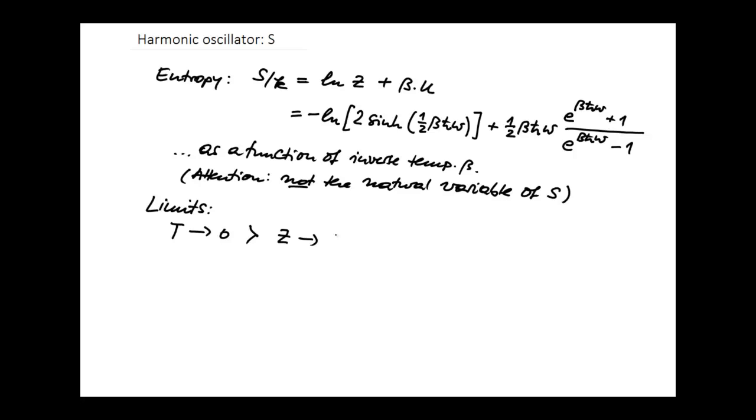So e to the minus beta h bar omega, that's the expression that occurs in the geometric series, becomes very small. So only the first term in the geometric series contributes, where you take the 0th power of that, because this gives 1. And all the higher terms become very small. So you can stick with the first term, which is e to the minus beta h bar omega to the power 0, and this gives 1.